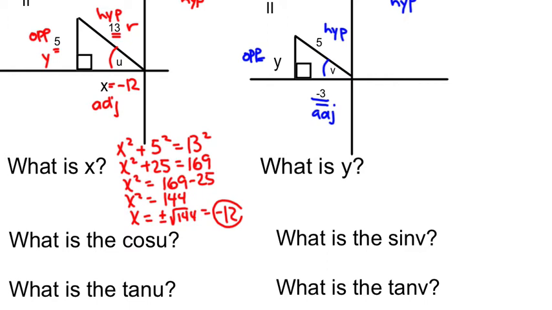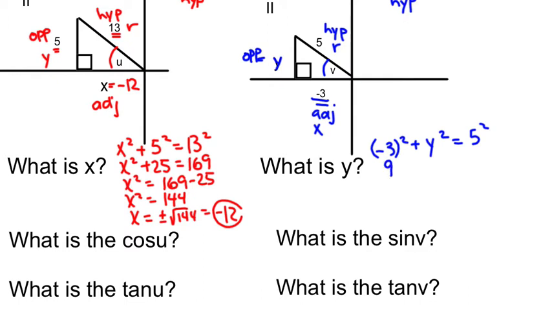Now let's head over to the second angle, the v angle. We want to find y. So here's our x, here's our y, here's our r. We're going to use the Pythagorean Theorem again and find the y. So we have x squared plus y squared equals r squared. We'll solve for y.